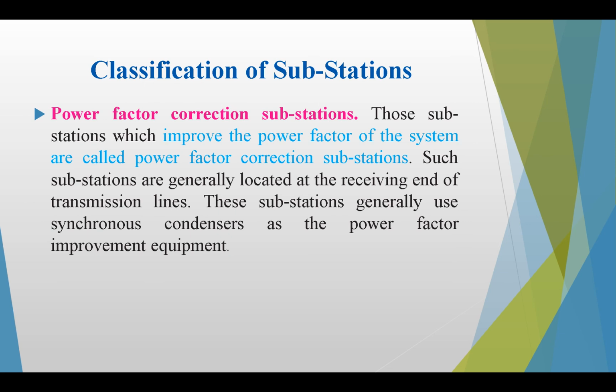Another classification of substation is the power factor correction substation. Those substations which improve the power factor of the system are called power factor correction substations, and such substations are generally located at the receiving end of the transmission line, where we need to correct the power factor.